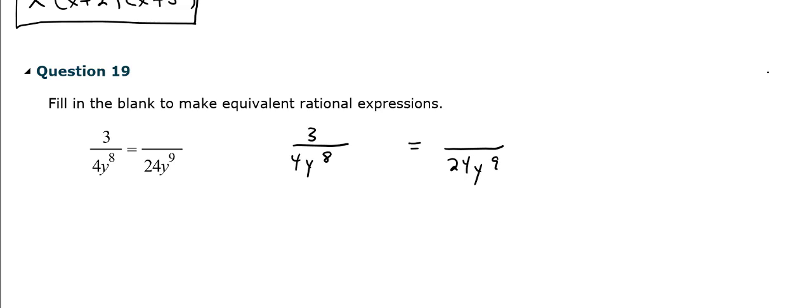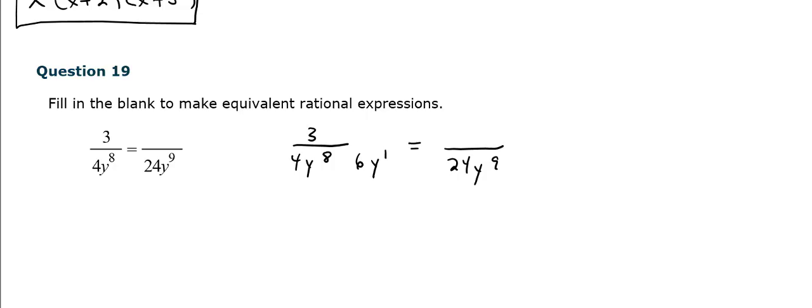So what I'm going to determine is, what did I multiply 4y to the 8th times to give me 24y to the 9th? So I can divide. 24 divided by 4 is 6. And remember, when you divide variables, you subtract. So 9 minus 8 is 1. So I multiplied 4y to the 8th times 6y to the 1st to give me 24y to the 9th.